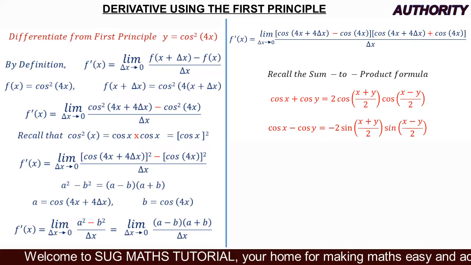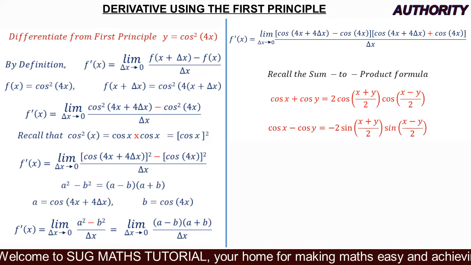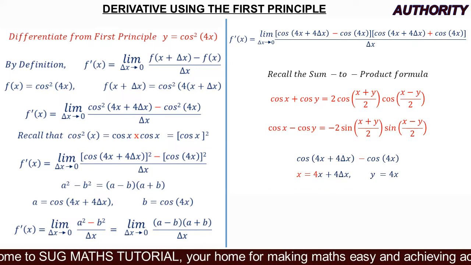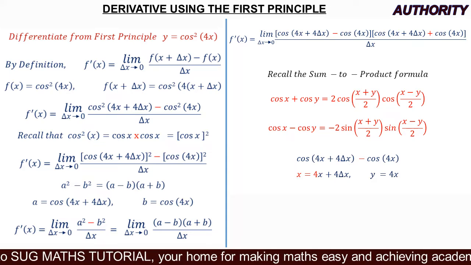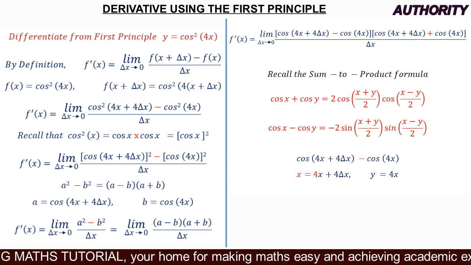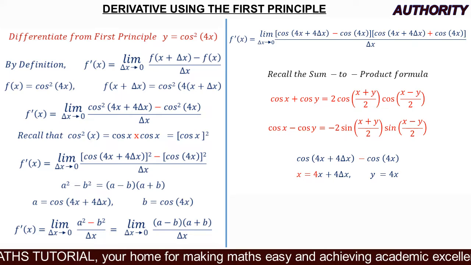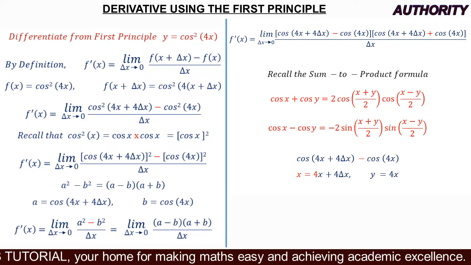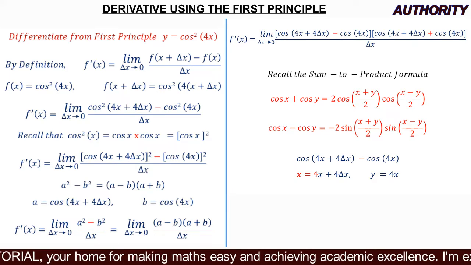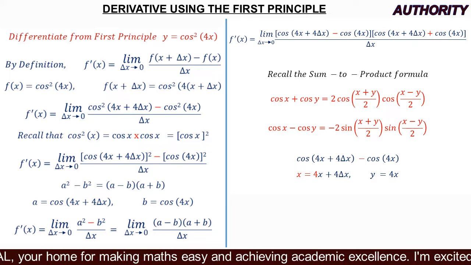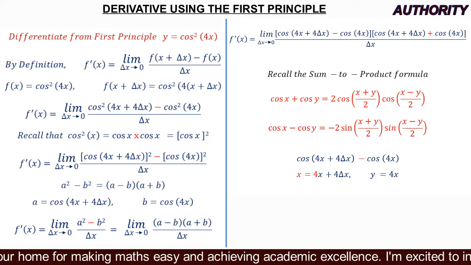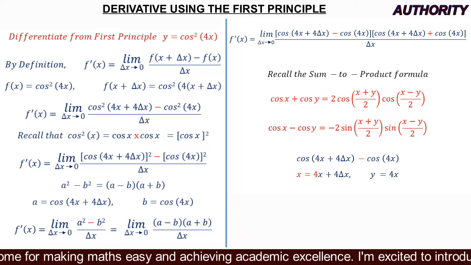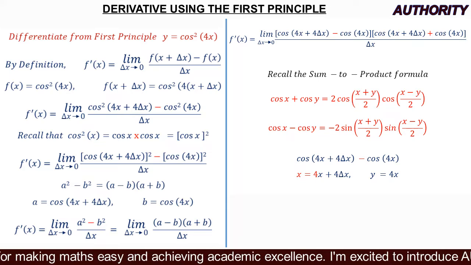We agree with me that we can say that this 4x plus 4 change in x is our x. Is our what? Is our x. Look at it very well. We have cos, right? And we are saying cos x plus cos y. But in this case, we have cos of 4x plus 4 change in x.